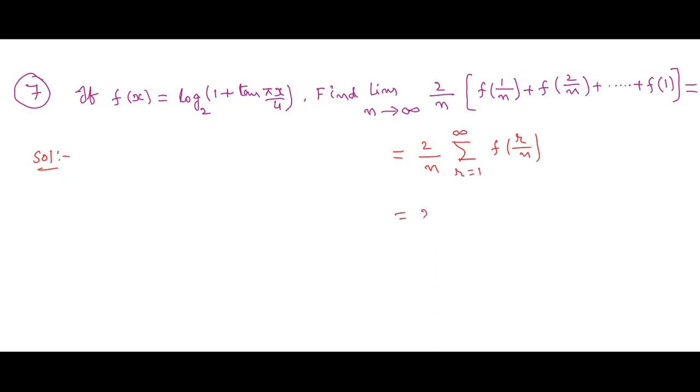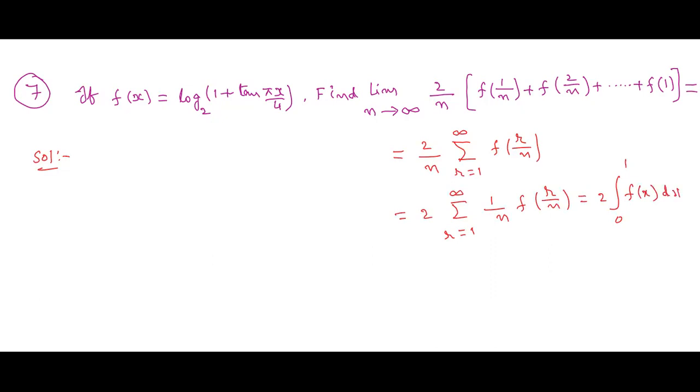We can write another way: 2 sigma r is equal to 1 to infinity, 1 by n f of r by n. This is how to write, students. 2 into integration 0 to 1 f of x dx.